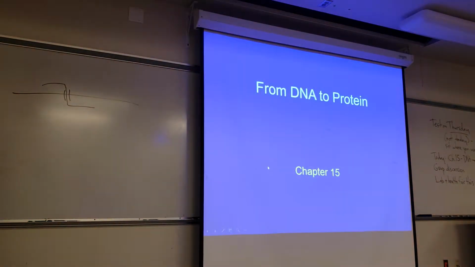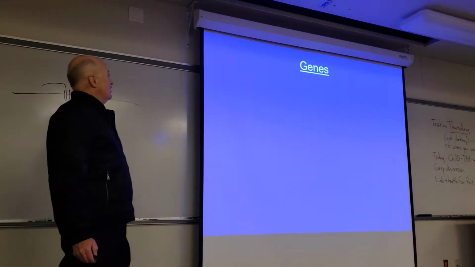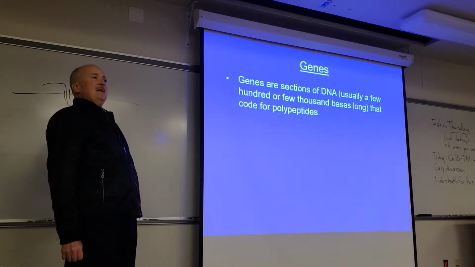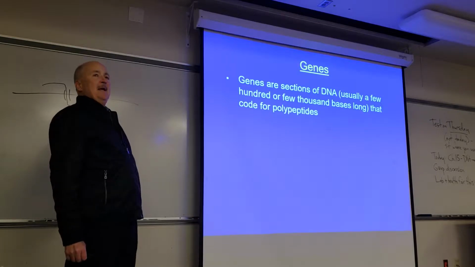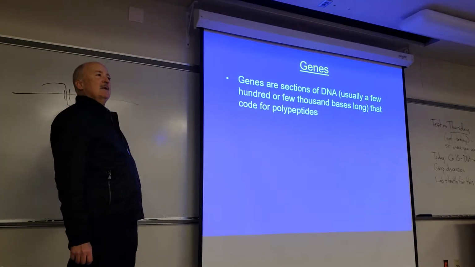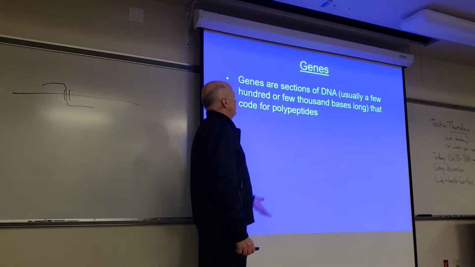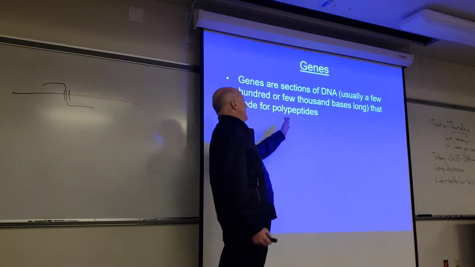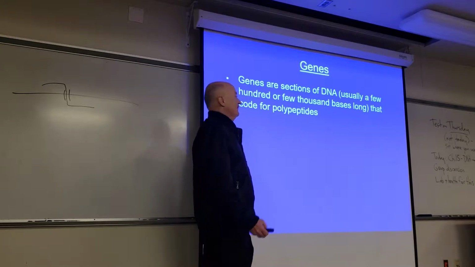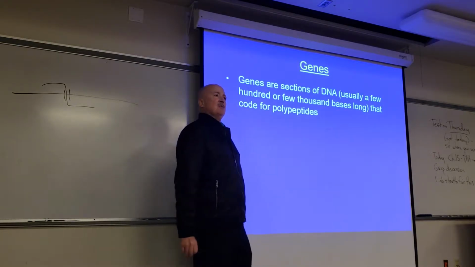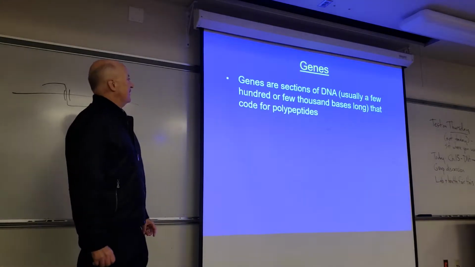So how do we get from a DNA molecule to a protein? Well, we have these genes located within our different DNA molecules, within our different chromosomes, usually a few thousand or so bases or nucleotides long. I tend to use the words bases and nucleotides interchangeably; they almost mean the same thing.